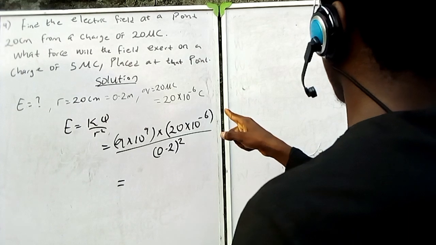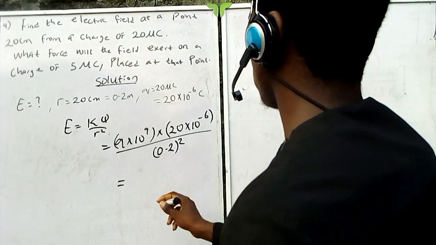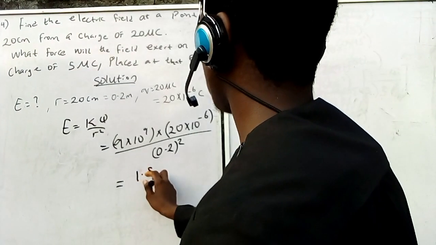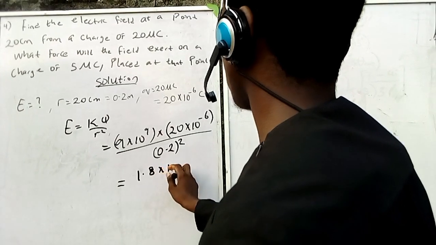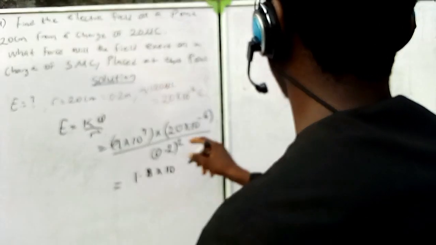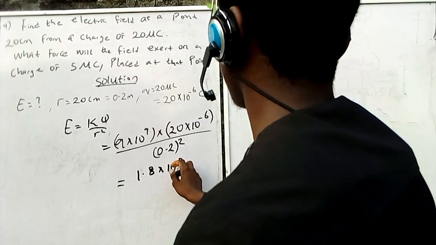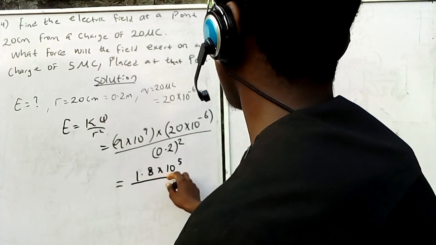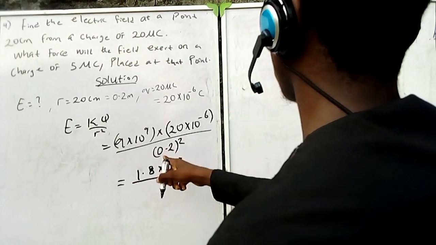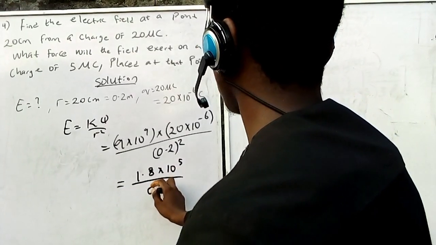This times this should be 1.8 times 10 to the power of 5, divided by 0.2 all squared, which is 0.04, right?